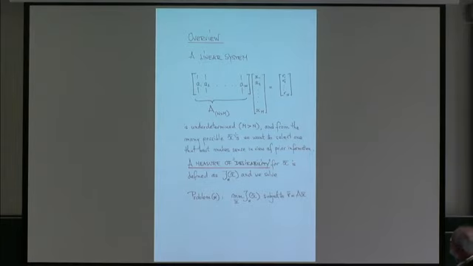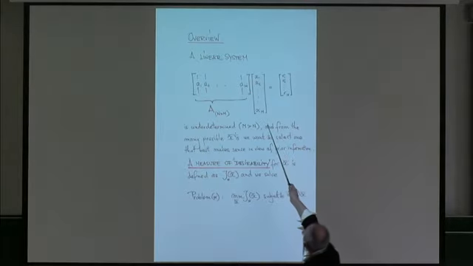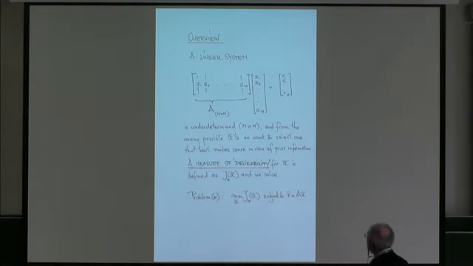So in sparsity, we are dealing with the following problem. You have a linear system, and the linear system is underdetermined. What you want to recover is this vector x with m entries, and you have only n equations, with n smaller than m.